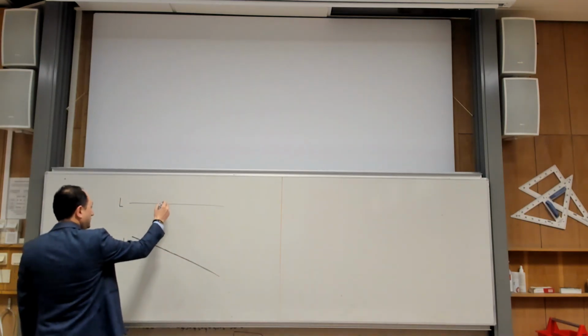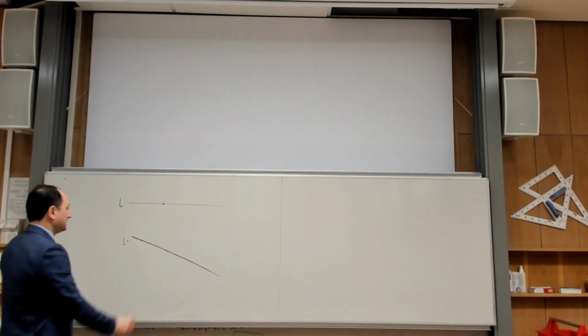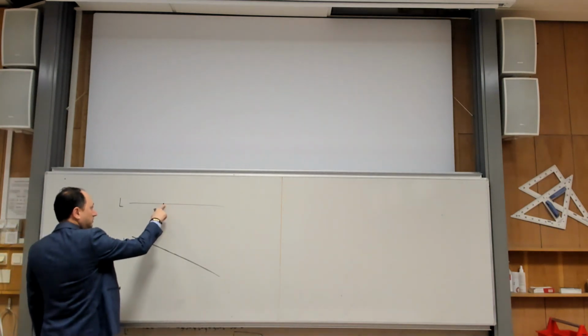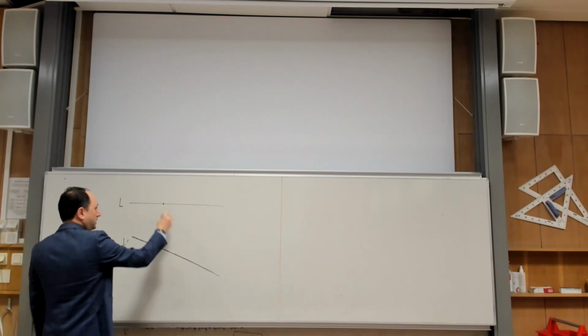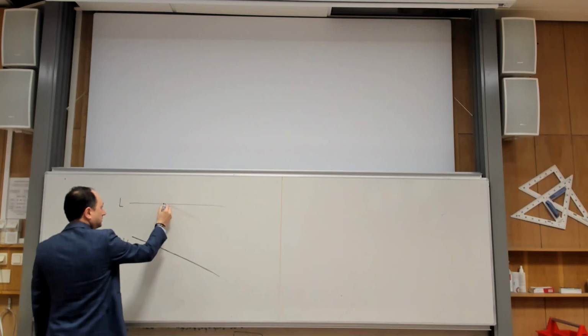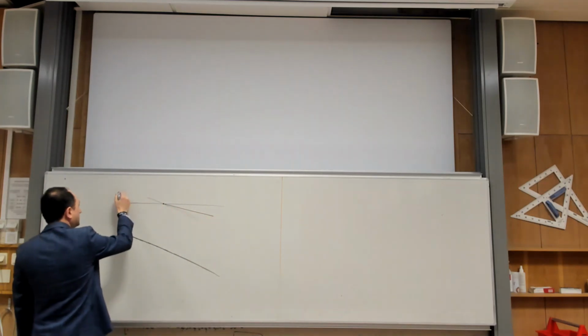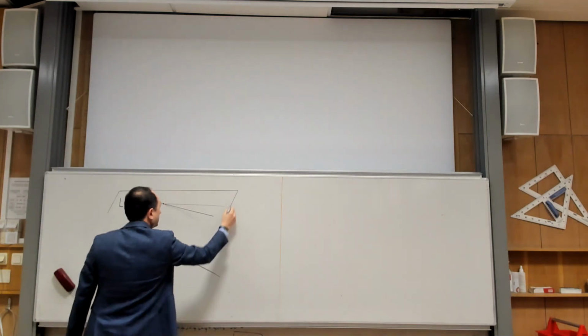Let me choose a point here. It's easier to draw, I think. I choose a random point on one of them, say this time L, and I draw a parallel line to this one. And then these two will make a plane for me.